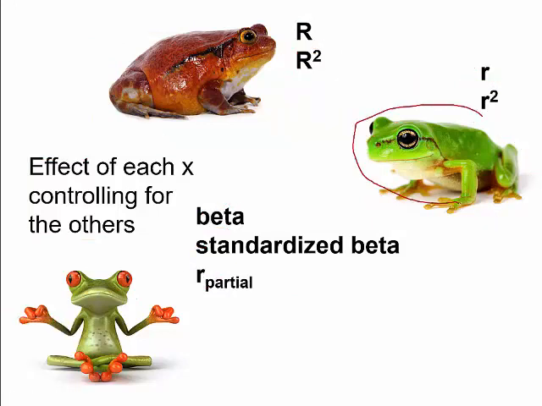I have one x and one y. It says, what's the effect of this x on y ignoring the others? Or with a beta, standardized beta, partial correlation, what's the effect of this x on y controlling for the others? But I'm still focused on a question of what's the relationship between x and y, two variables, something I can hold in two hands. So both the bivariate correlation and the betas, standardized betas, partial correlations, these are all focused questions so that we test significance with a t-test.